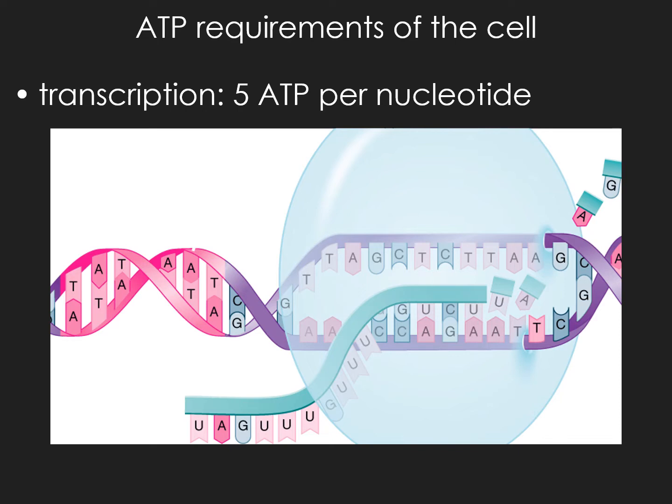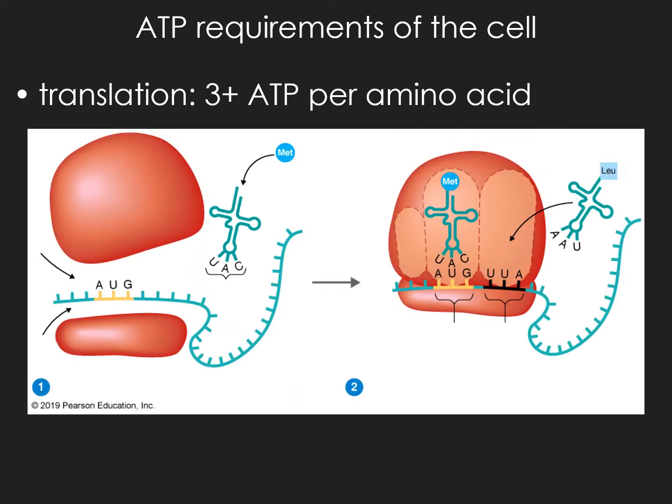And in order to transcribe each of those proteins, you have an ATP requirement of about 5 ATP per nucleotide. Translation costs about 3 ATP or more per amino acid that's added to the growing polypeptide.